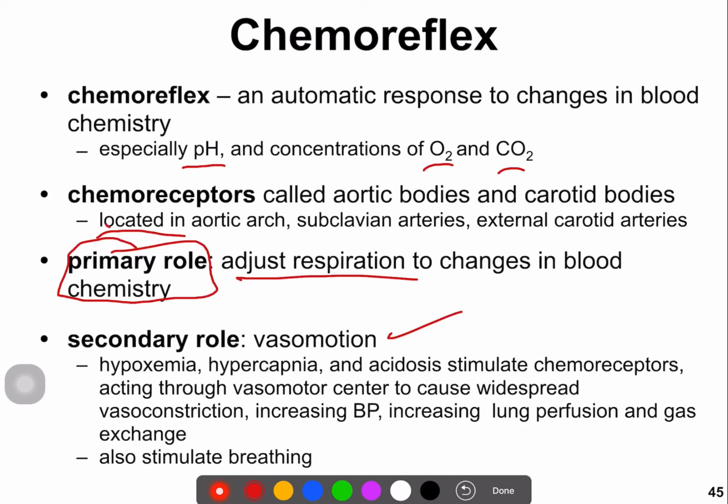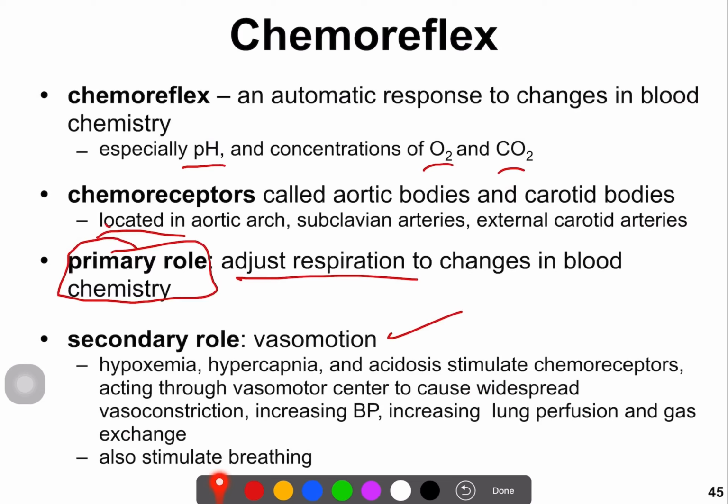And things like hypercapnia and acidosis stimulate the chemoreceptors acting through the vasomotor center. And what they do is they cause widespread vasoconstriction.